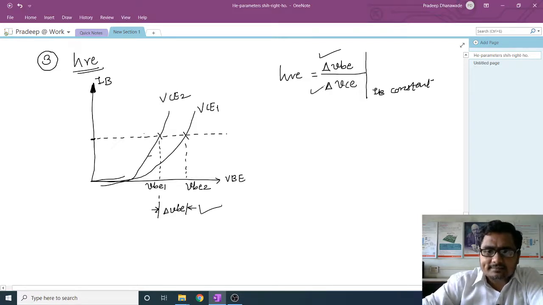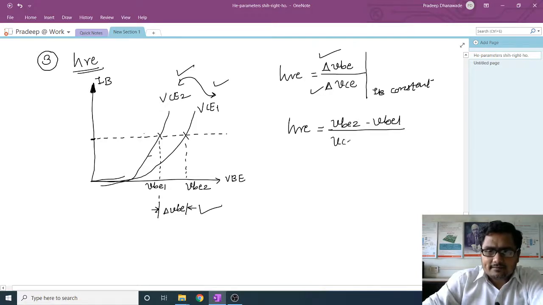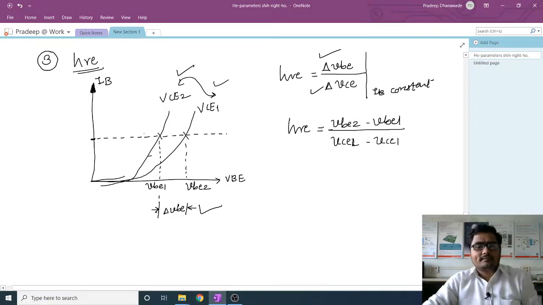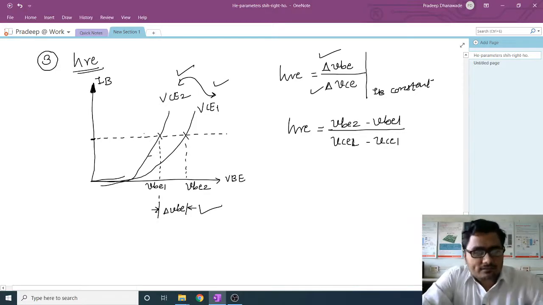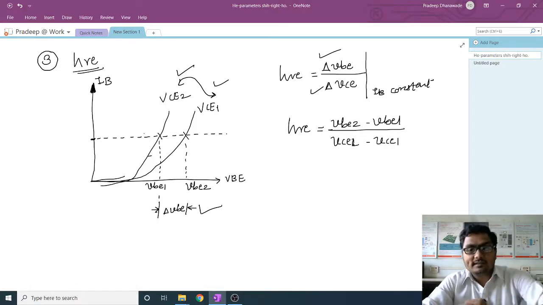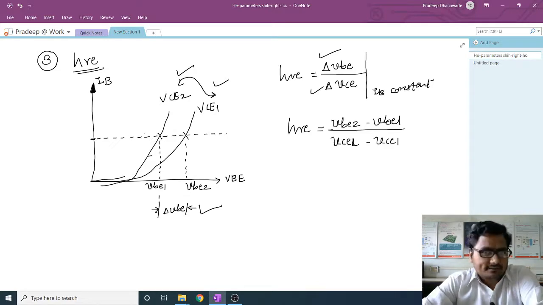What about VCE? Look at this, the difference between these two values. That's my delta VCE. So then HRE is equal to VBE2 minus VBE1 divided by VCE2 minus VCE1. No problem. Which one is greater? You subtract the smaller value from it, and you will get the value of delta, that is the change, the difference.